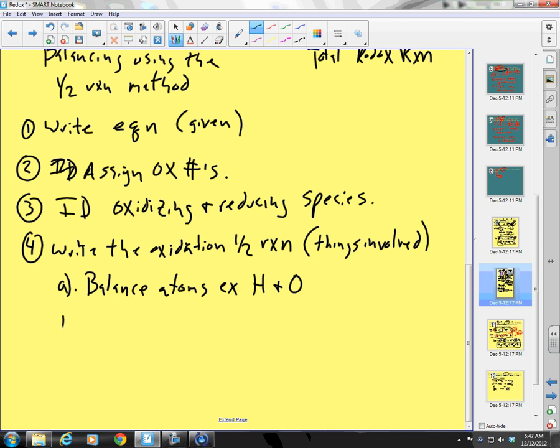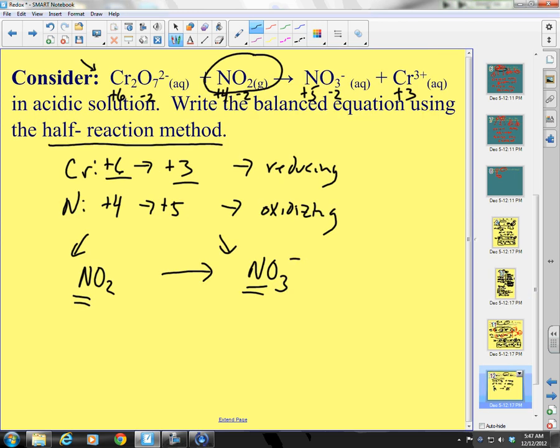Balance atoms. Now what do I want to do? I want to balance oxygen by adding waters, H2Os. We want to add H2Os to balance the oxygens. That sounds strange. Yes, it does, but we're going to do it.